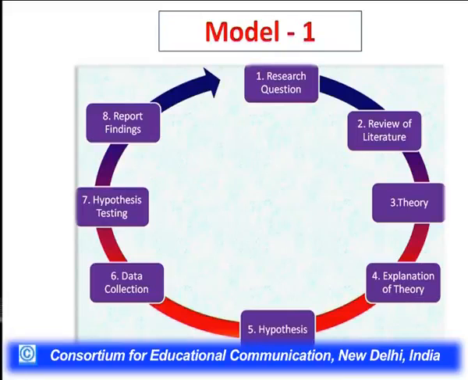The review of literature means all the important works which have been done on the area. You go to the library or Google it and find all the people who have worked on that area, and then you justify your research, showing how it is going to be different. So you give a rationale to your research.